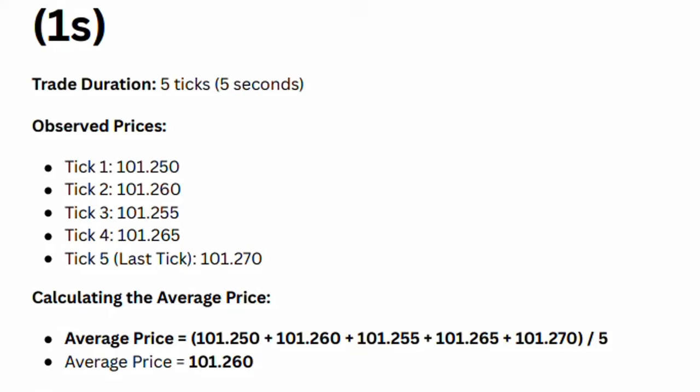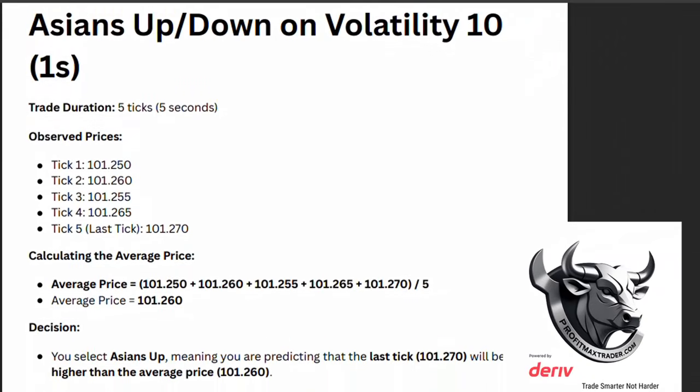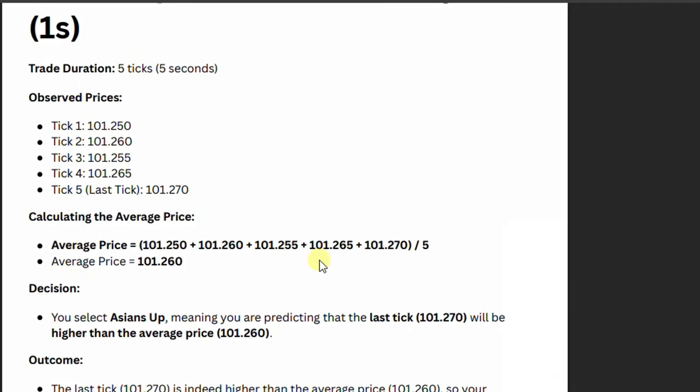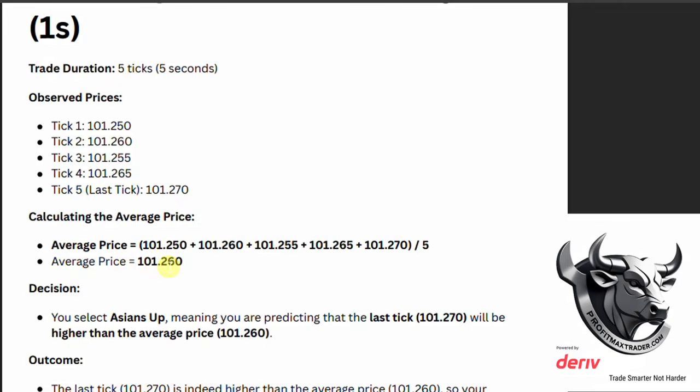Okay, to get the average, you need to add up all those prices and divide by the number of ticks. So divide by 5. You add them up like that, divide by 5, you get the average price.